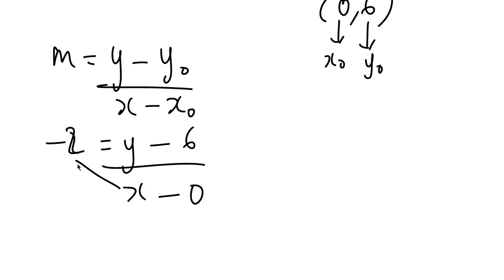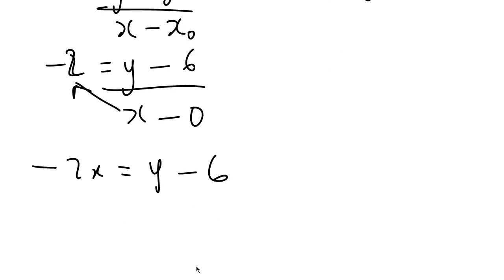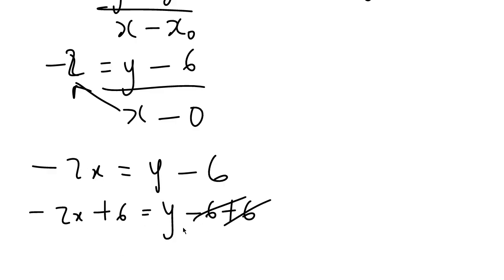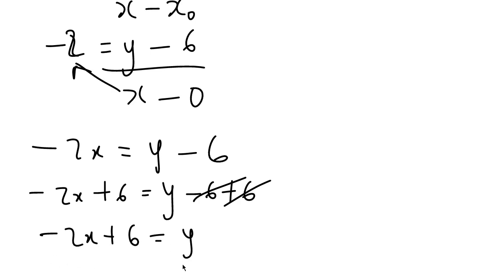That will be x - 0, which is still x. So I'm multiplying through by x. I'm going to have -2x equal to what? y - 6. Are you following? So adding 6 to both sides, that will be -2x + 6 = y - 6 + 6. This goes, right? Because -6 + 6 is 0. So -2x + 6 = y.